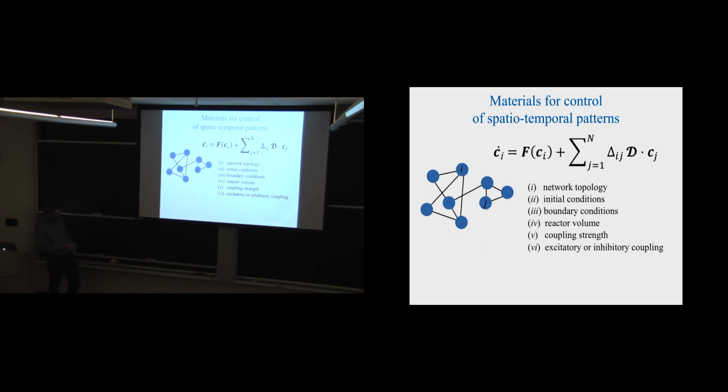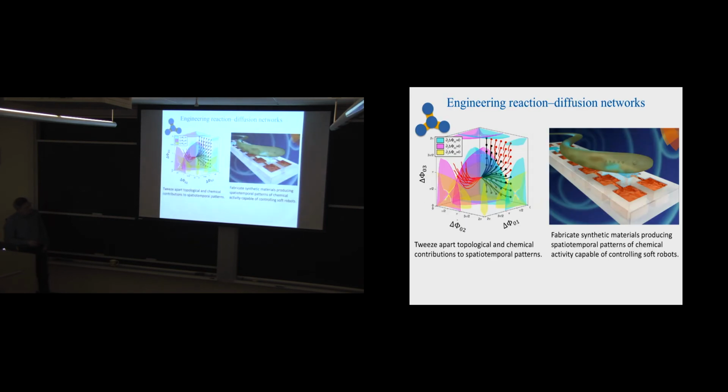We can vary the reactor volume, the coupling strength, and whether it's excitatory or inhibitory. So our two principal aims are to tease apart the topological and chemical contributions and to fabricate synthetic materials that produce spatial temporal patterns with the functionality of living neural tissue.